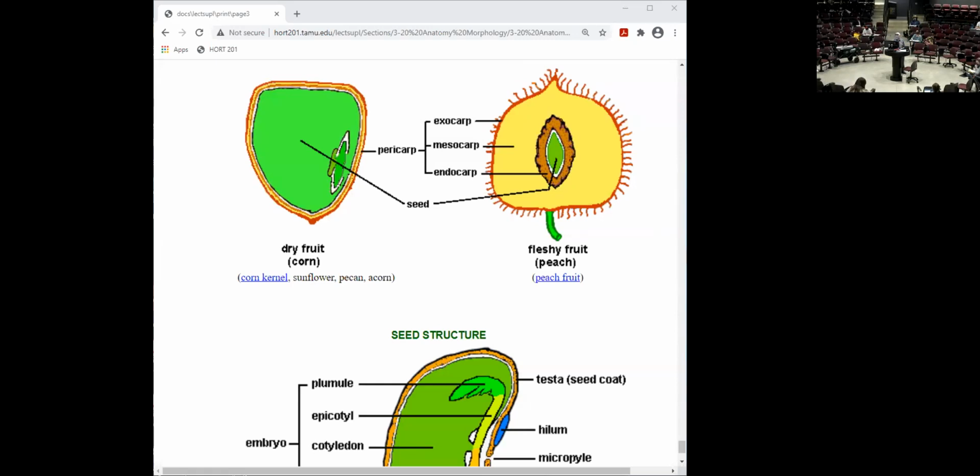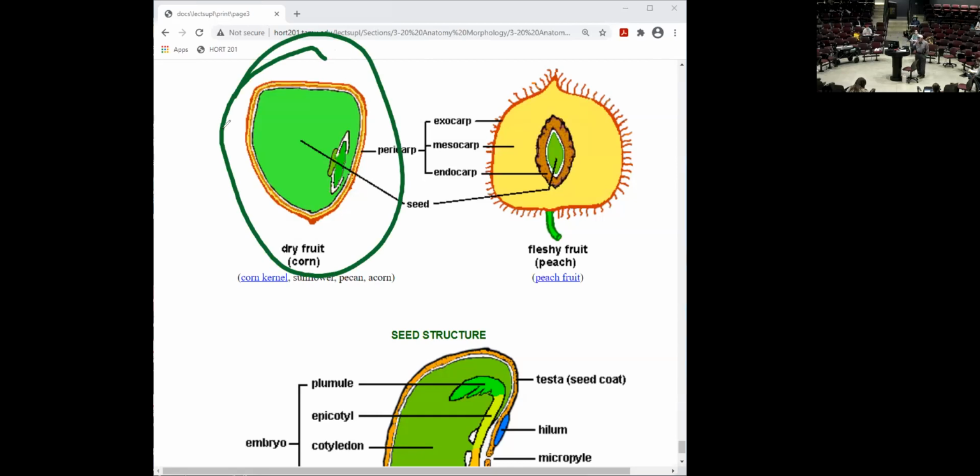You go buy a bag of corn seeds, and you think that's a seed. That's not a seed, it's a fruit. The seed is inside a fruit. The fruit is attached to the tree. If you pull something off of a tree, what you have in your hand is the fruit. You peel the fruit back, what you have in your hand is a seed.